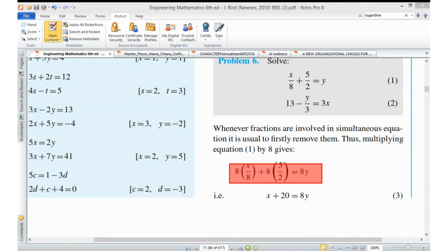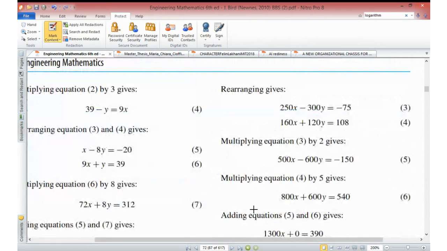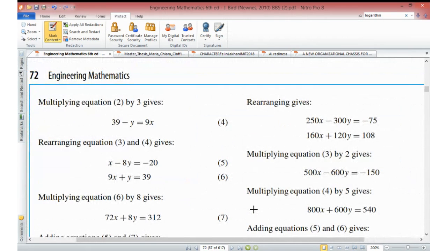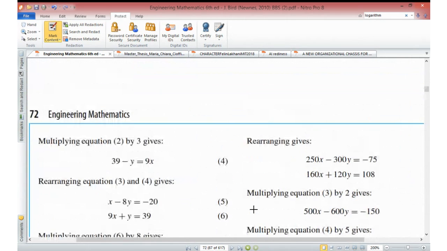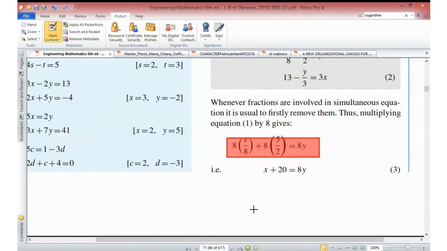So you're just trying to balance that by looking at the highest common factor. From there, you should have been able to get a better equation: x plus 20 is equals to 8.